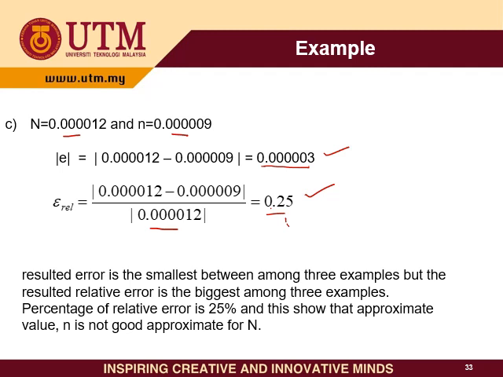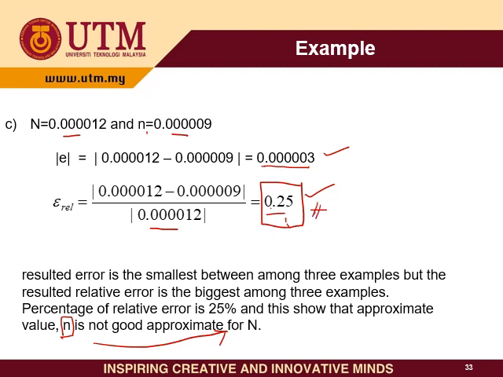And this shows that the approximate value n here is not a good approximation for n because of this big relative error. So in order to know whether the approximate value is a good approximation of our true value n, we need to see the relative error, whether it is small or big.